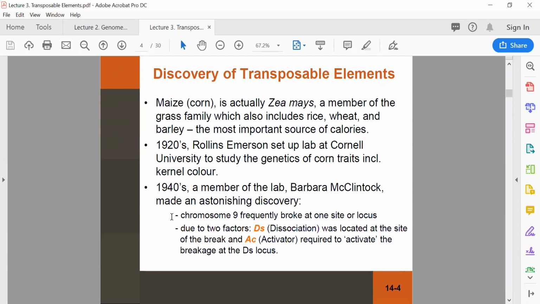She determined that that breakage was due to two genetic factors. One was called DS for dissociation, and this DS element was located at the site of the break. And the second element, AC for activator, was actually required to activate the breakage at the DS locus.